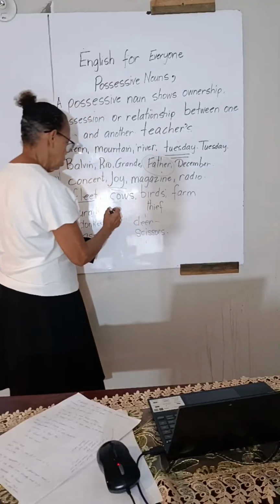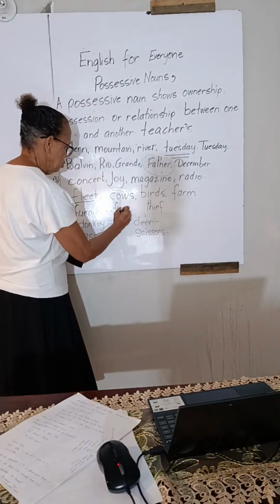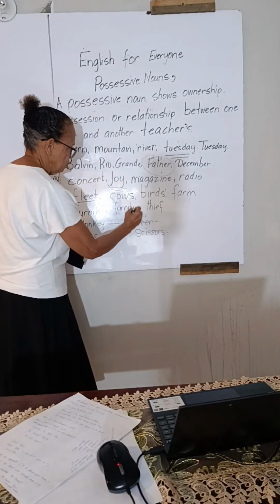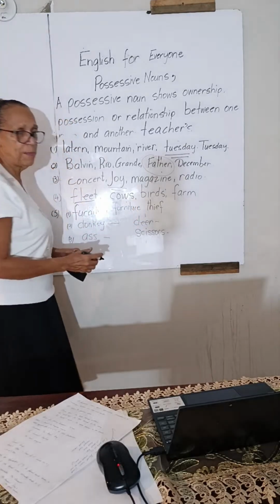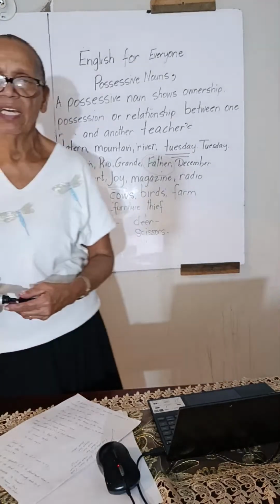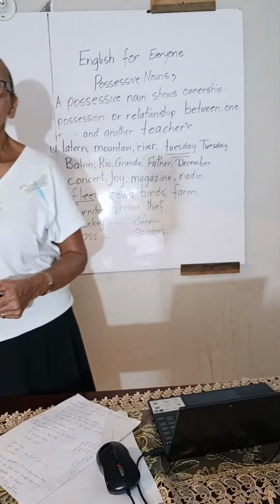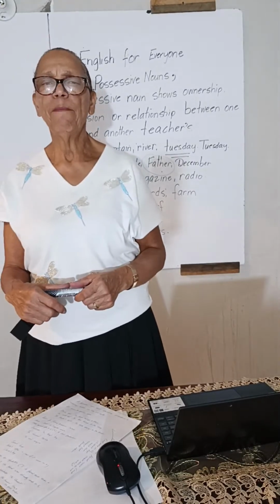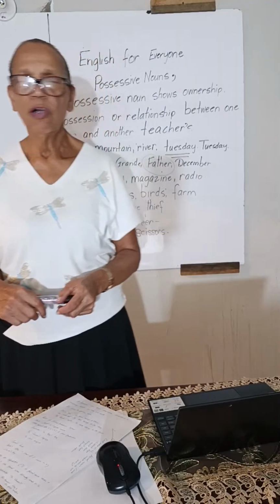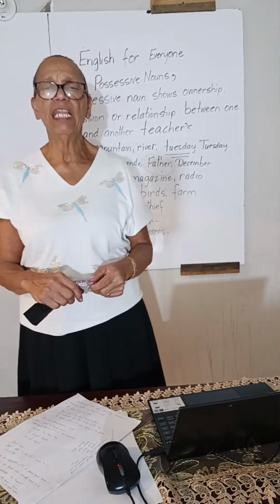One piece of furniture, 10 pieces of furniture, same furniture. Equipment, one piece of equipment, 10 pieces of equipment, never put on S. Information, no matter how much information you get, still information.